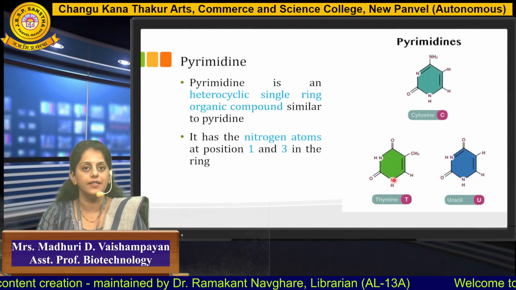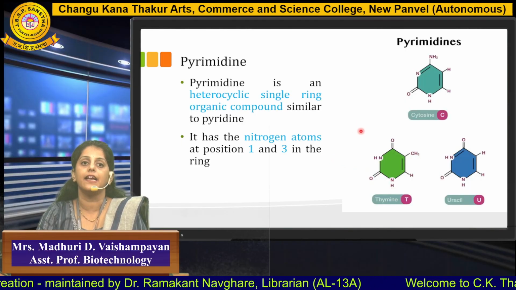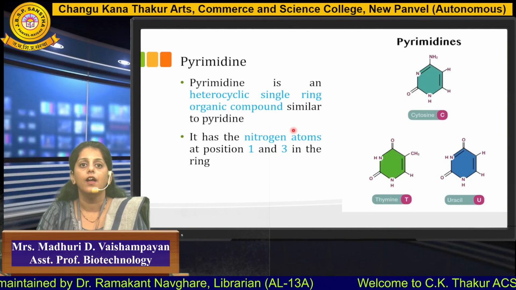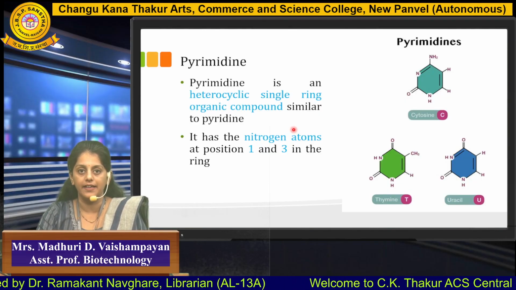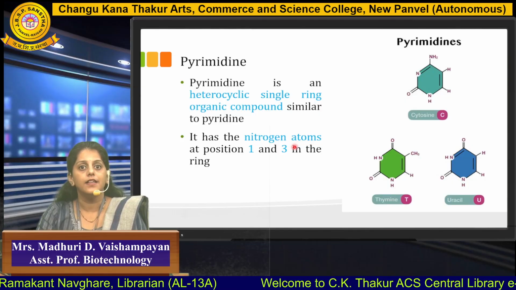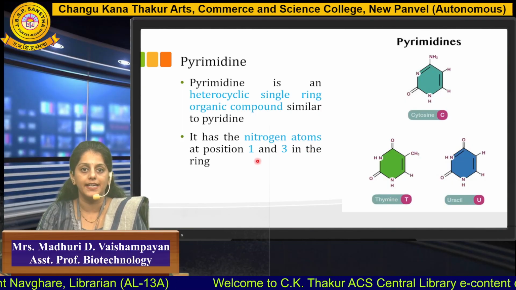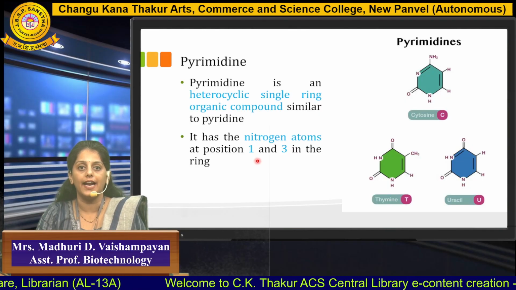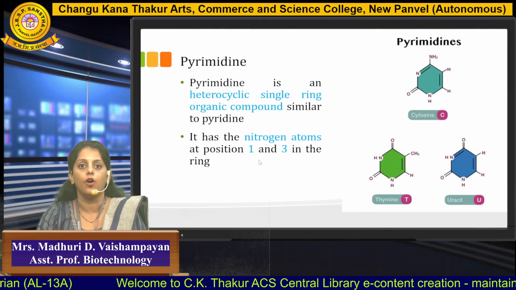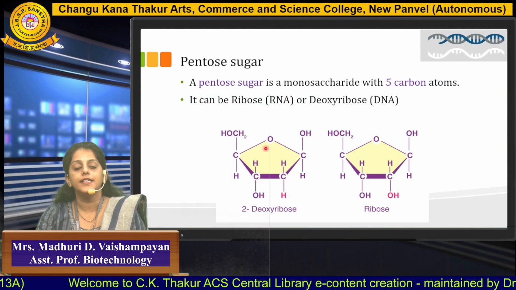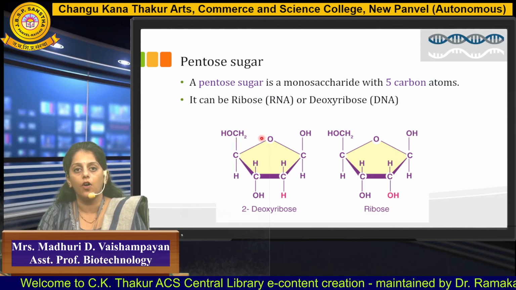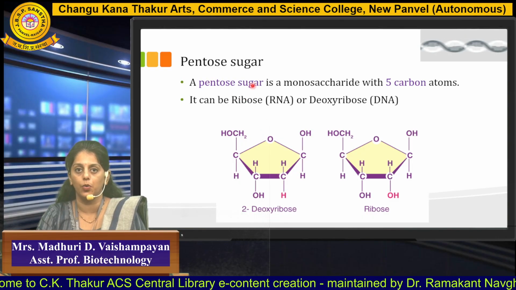Unlike purines, pyrimidine has a single-ring structure and is a heterocyclic organic compound. It has nitrogen atoms present at the first and third positions of the ring. This is the second important component of the nucleotide, the pentose sugar.